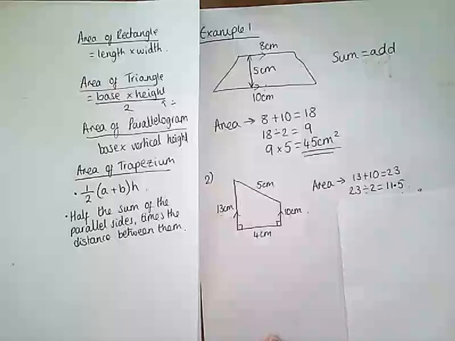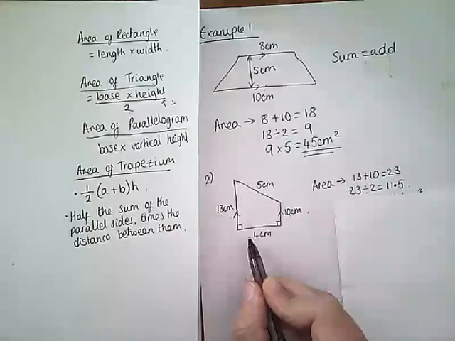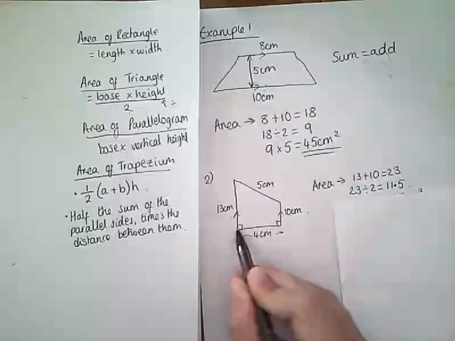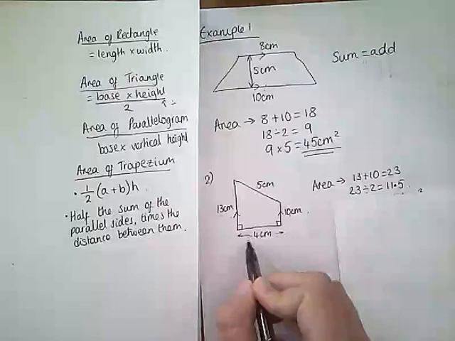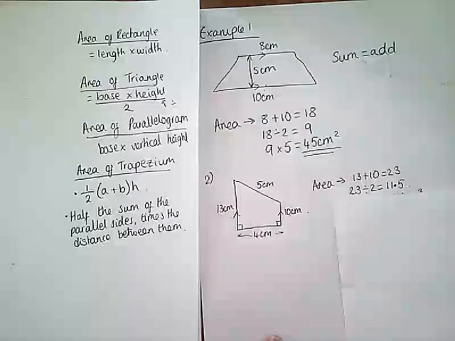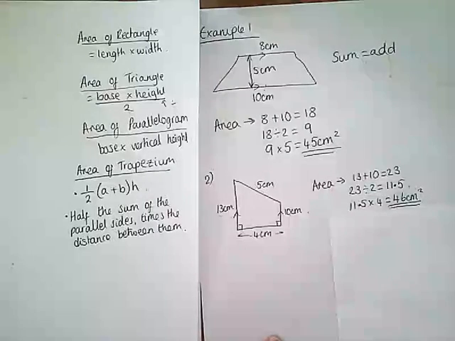Half of 23 is 11.5. And then we times by the distance between. Now the distance between is the vertical height. This is the distance between our two parallel sides, not this. This is too slanty. It has to be the vertical distance between your two parallel sides. So we're doing 11.5 times 4, and you should get 46 centimetres squared. That is how you find the area of a trapezium and a parallelogram.